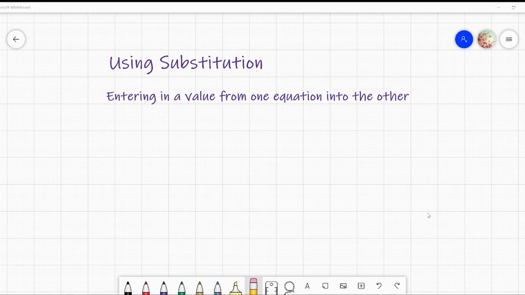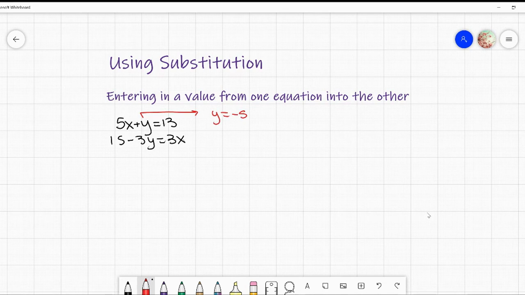So let's just say we had the equations 5x plus y equals 13, and 15 minus 3y equals 3x. Well, if you look, we can actually get y by itself. If we bring the 5x to the other side, we can have y equaling negative 5x plus 13.